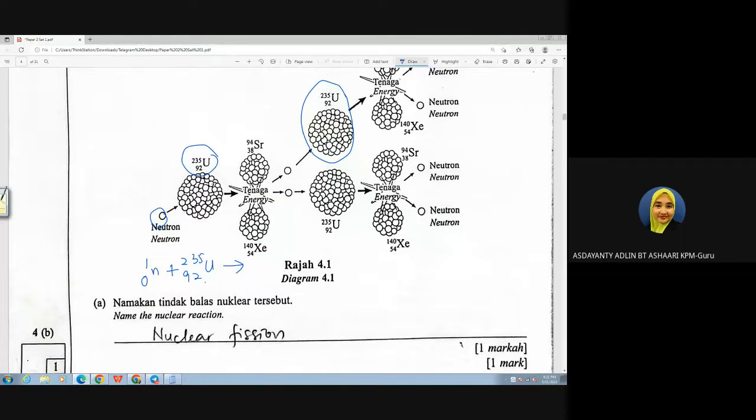Bukan, selepas dia split, bukan yang ni. Awak kena tengok yang first dulu. Dia split jadi strontium 94, 38. So kita tulislah 94, 38 strontium plus with this one, xenon. Okay, 140, 54 xenon. Okay. Bersama-sama dengan ni ada 2 neutron. So plus 2 neutron 1, 0, n.